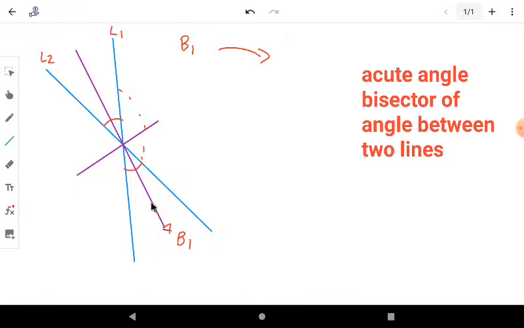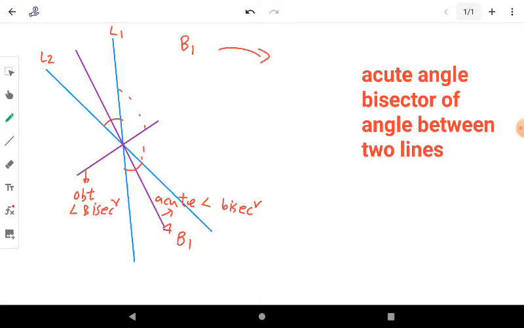So if the equations of two lines are given, guys, this is the acute angle bisector, and this is the obtuse angle bisector.